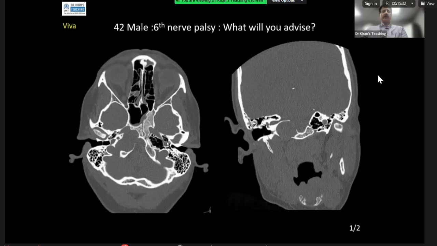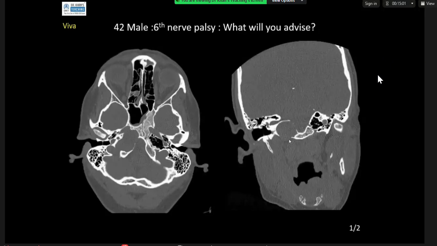Can I ask you, your observations are absolutely correct, but there is one finding. If you see here, this is the petrous apex. Please remember expansion.